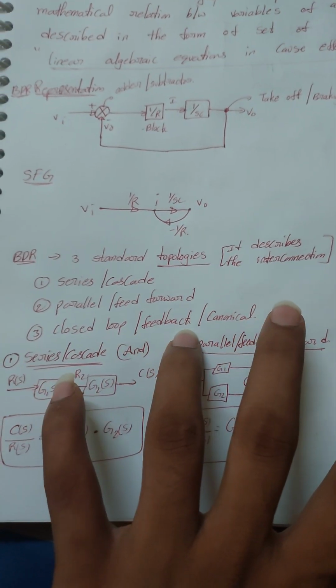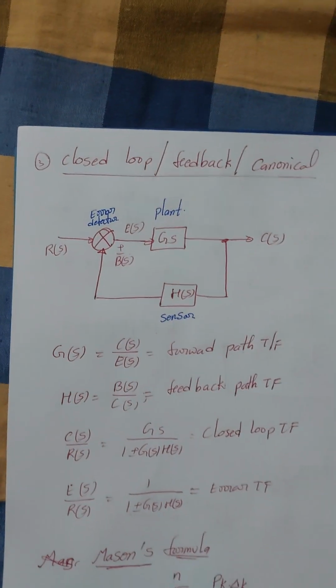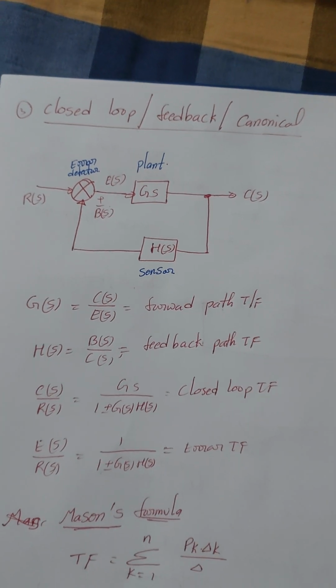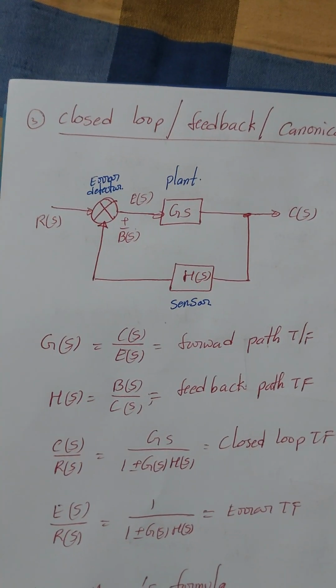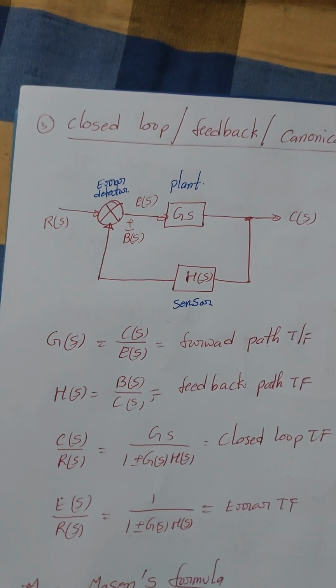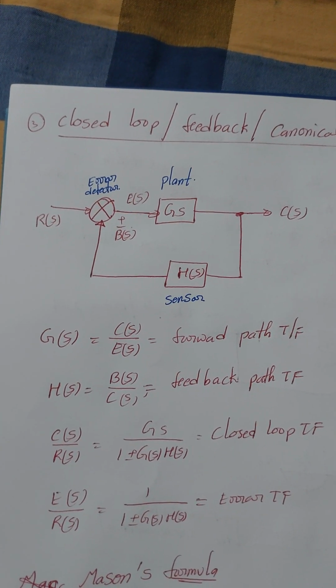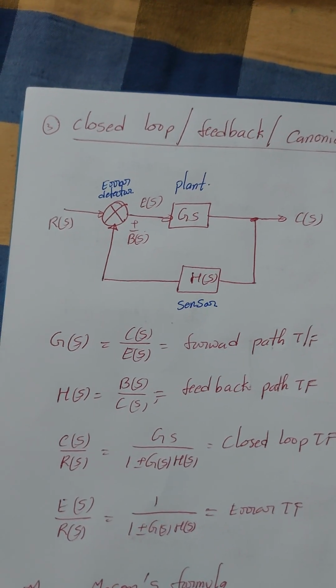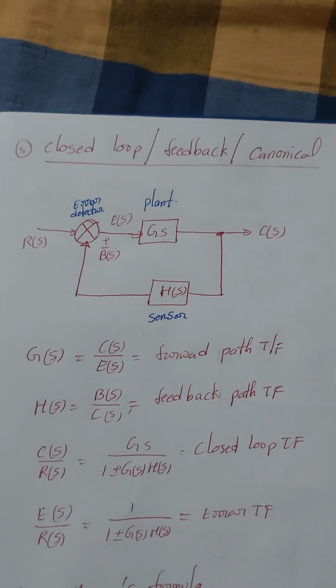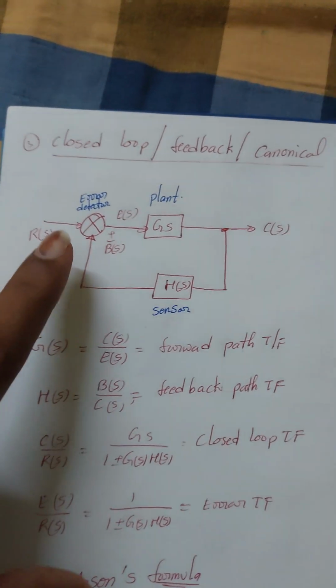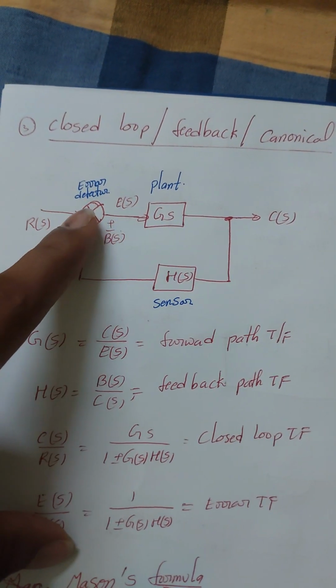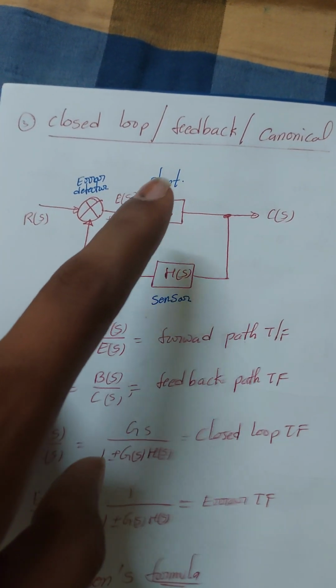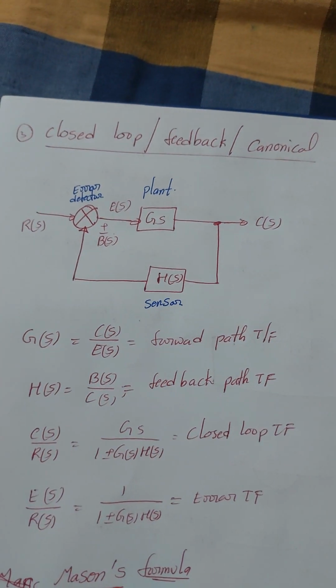The third one is closed loop or feedback or canonical. Here is the representation of the closed loop; the block diagram looks like a closed loop path. Here is the adder or subtractor, which I highlighted with the blue color pen. This is the error detector, this is the plant, this is the sensor.